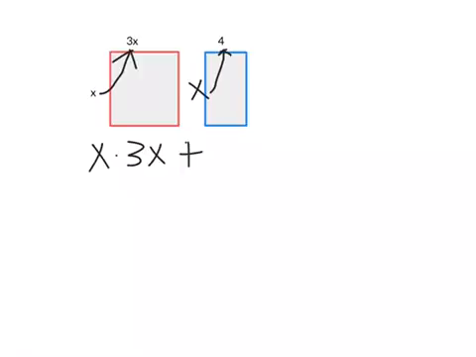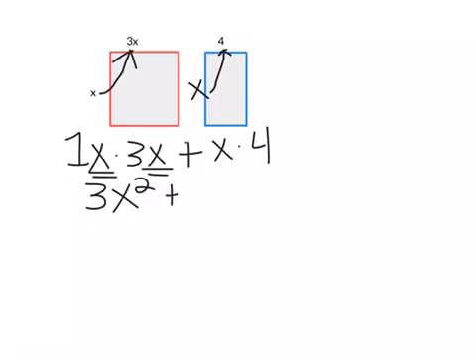And we're going to add those two. Now, to simplify this, we have 3 times a 1 that is here. So that's 3. But whenever we take x and we multiply it by x, it's going to be x squared. Whenever we have 4 and we multiply it by 1x, it becomes 4x.